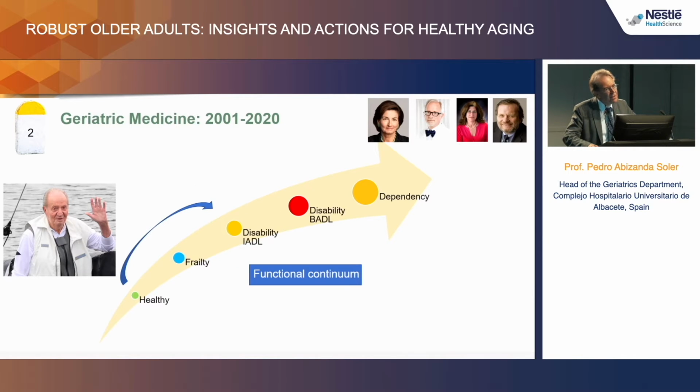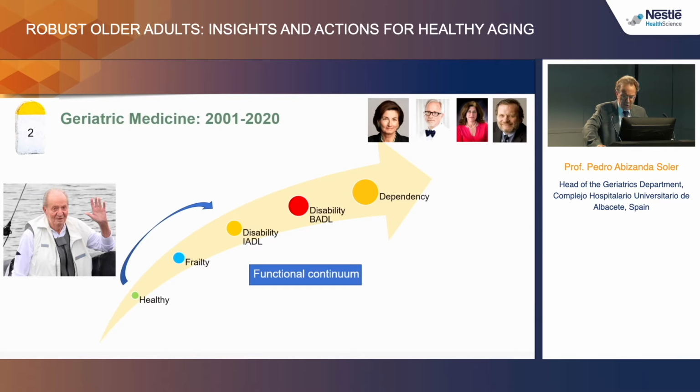Probably the second milestone in geriatric medicine came in 2001 and was launched by Linda Fried, the first in the left photograph, okay? Because she introduced the term frailty and pre-frailty. She gave us a way to know what was happening between healthy older adults and the beginning of disability in instrumental and basic activities of daily living.